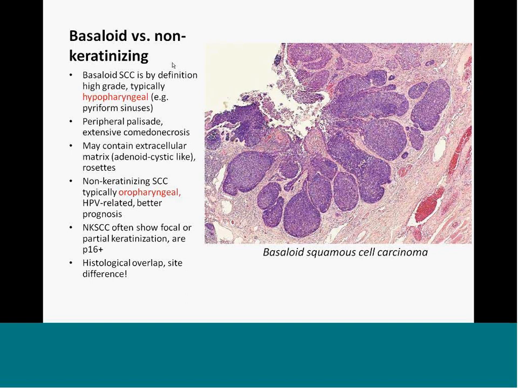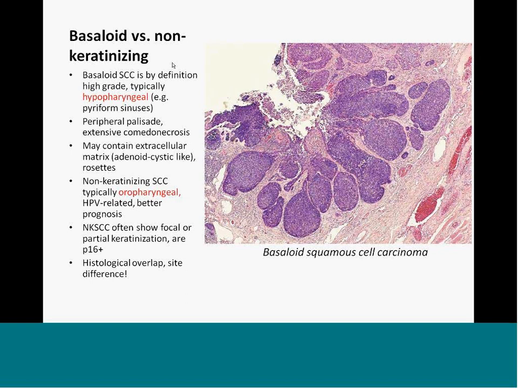They're usually found in the hypopharynx. Sometimes also you'll see them in the esophagus, fairly common in the piriform sinuses. They have extensive comedonecrosis, basaloid pattern. They may have a peripheral palisade, and they can contain a lot of extracellular matrix such that they look very adenoid cystic-like.